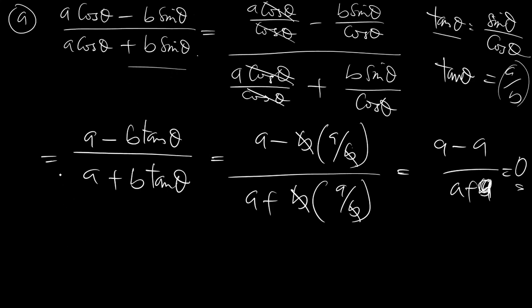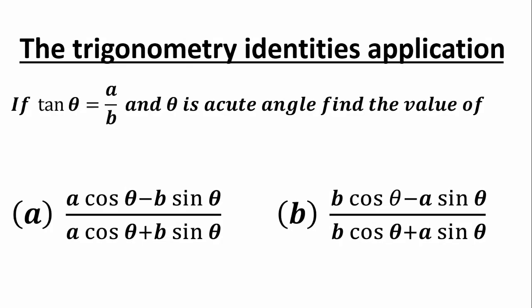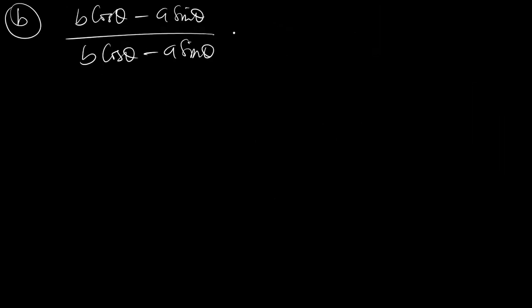Let's look at the B part. The B part is equal to B cos theta minus A sin theta divided by B cos theta plus A sin theta. So what we're going to do, we do the same thing.